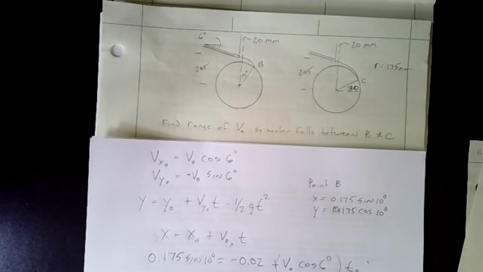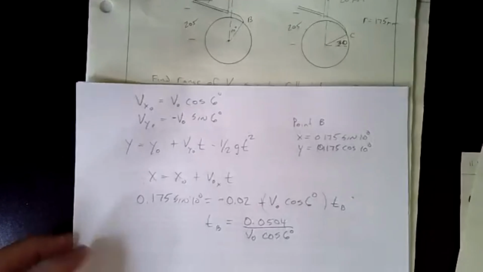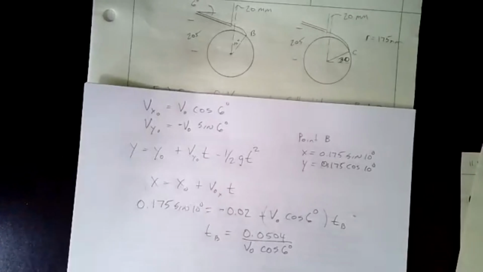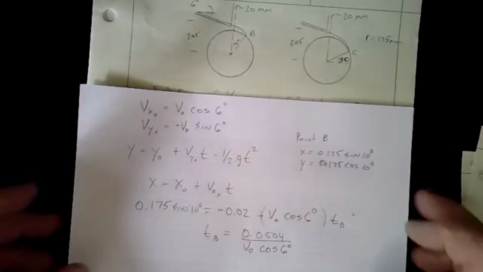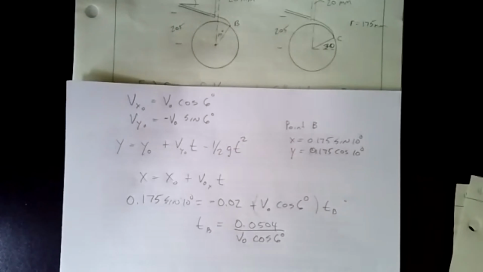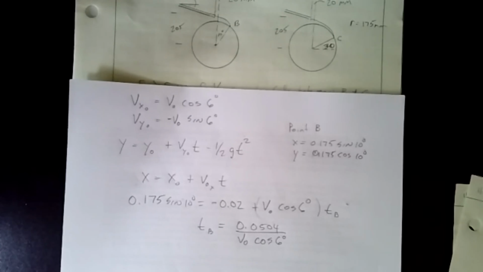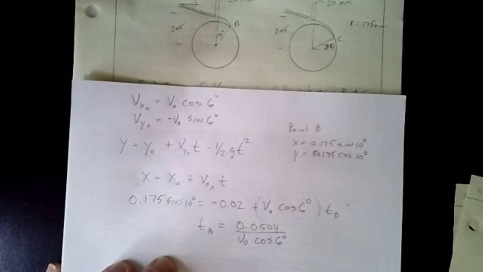Do you have your x's and y's swapped for point B? I'm sorry, I have my mask on, I can't hear you. Do you have the x and y for point B swapped?